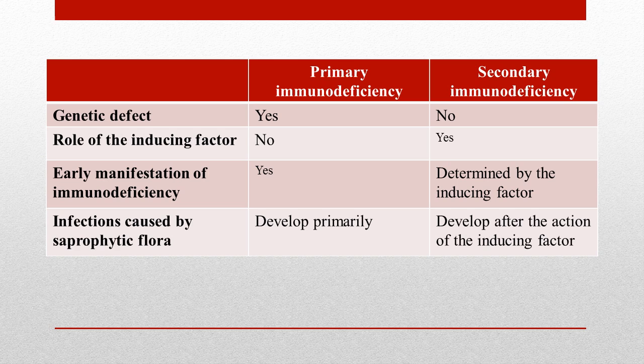In the table, you see comparative characteristics of primary and secondary immunodeficiency. Primary immunodeficiency is genetically determined, and secondary is acquired.